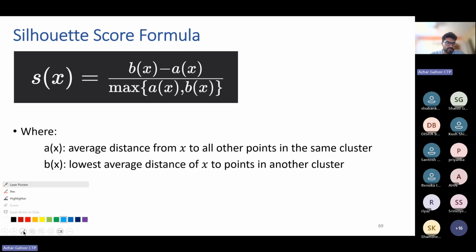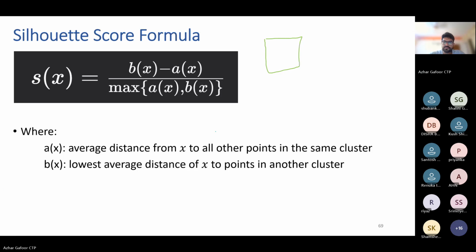So let's try to draw it. We have another cluster. All right. So let's say this is one point, and this is actually correctly classified.